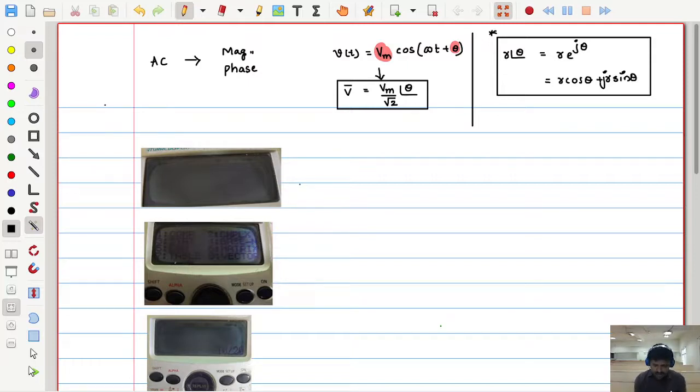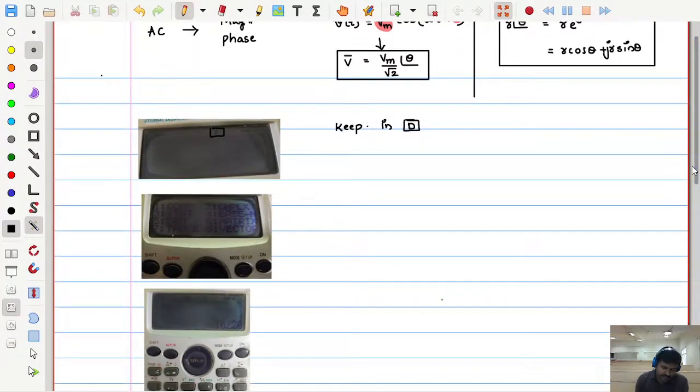First, make sure your calculator is in degree mode, where you will see a D symbol somewhere on the display. Here it is not so clear, but you can see some degree indicator. After that, press the mode button, this one.